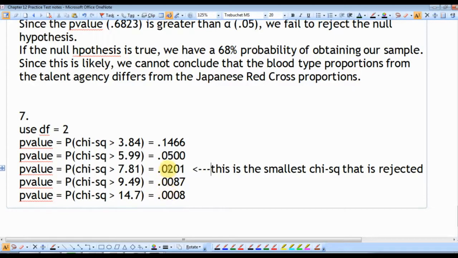But what is the smallest chi-square that would get rejected? 7.81 is the smallest chi-square that would be rejected. The 5.99 we wouldn't reject, because its p-value is actually above 0.05. In fact, next year I need to change that so it's less vague. Okay.